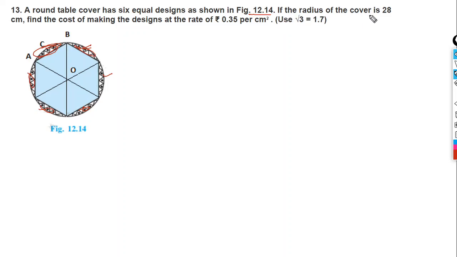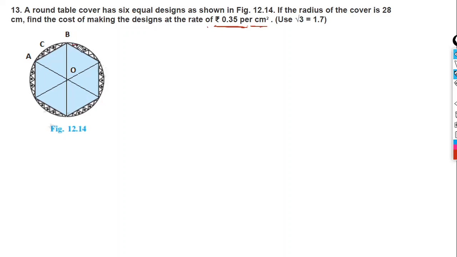If the radius of the cover is 28 centimeter, suppose OB, a radius is 28 centimeter. Find the cost of making the design at a rate of 35 paisa per centimeter square.